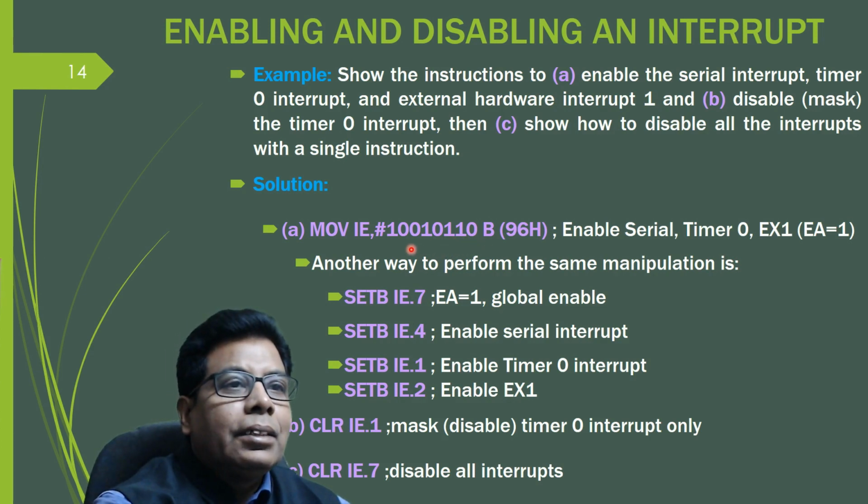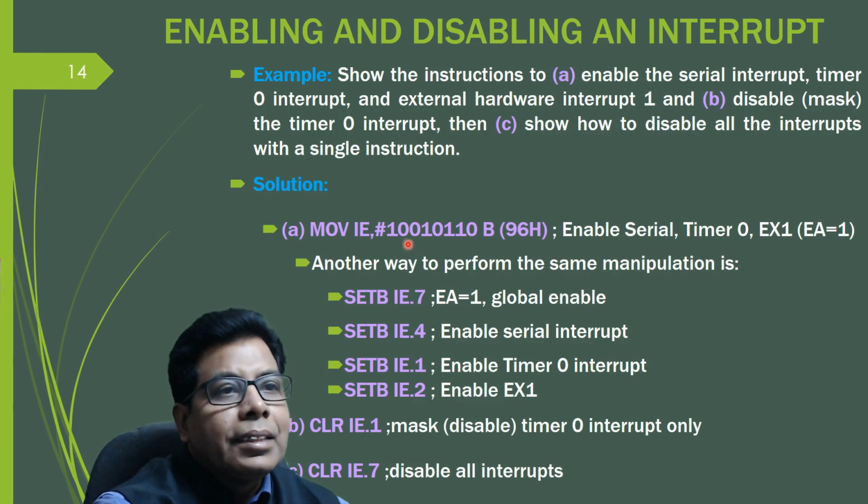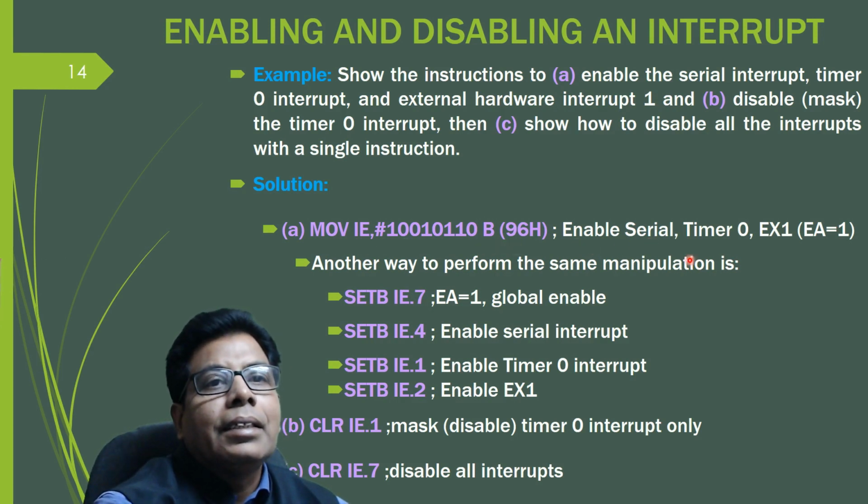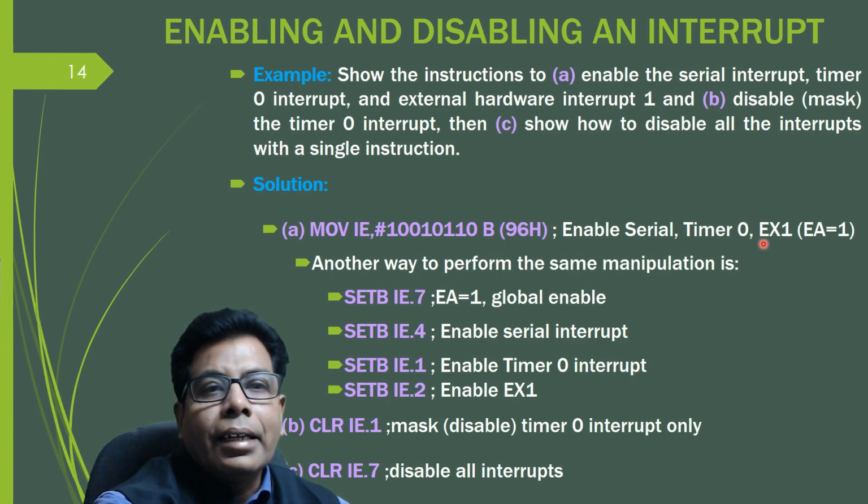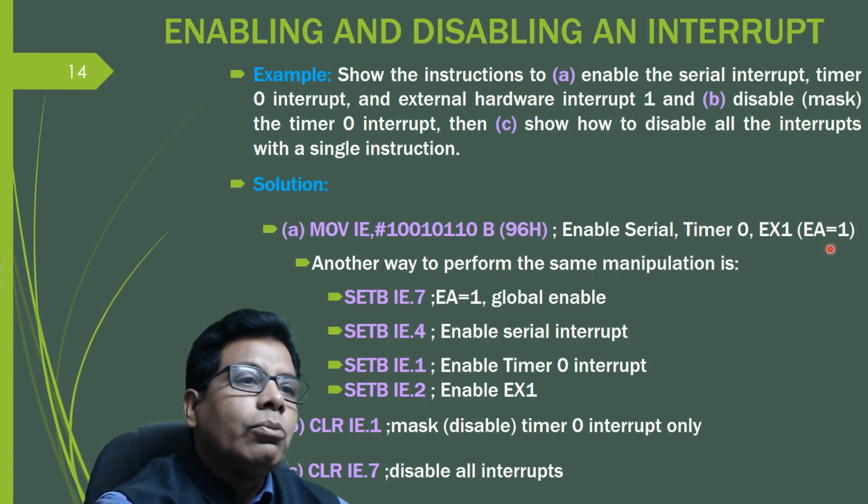So we get 1 0 0 1 0 1 1 0 in binary, or 96 in hexadecimal. When you load IE with this bit pattern, it will automatically enable the serial, timer 0 and external 1 interrupt, and the global EA will also be equal to 1.